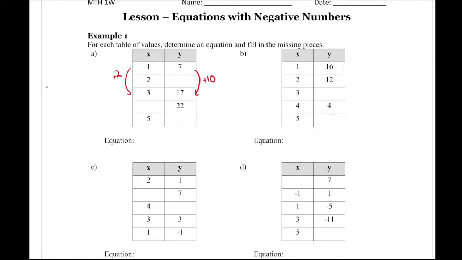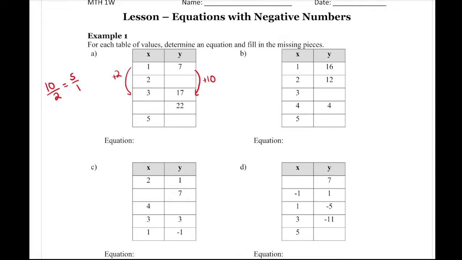So you could say it's changing at a rate of 10 per 2, or 10 over 2. I want to figure out what it is going to change by every time x changes by 1, because once I know that, then I know my multiplier. In this case, if I change by 10 for every 2, that means I'm going to change by 5 for every 1.